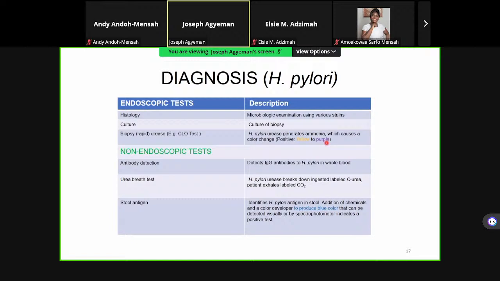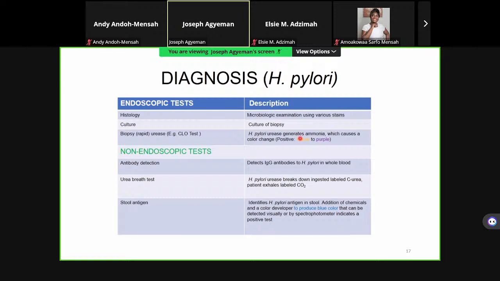So what you do is that through endoscopy, you take biopsies from the antrum, for example. Then you get a test kit or a reagent from a manufacturer that contains urea. If you add the reagent to your biopsy, and you get the release of ammonia, then it means that urease is there. It's part of the biopsy. And if urease is there, who produced the urease?